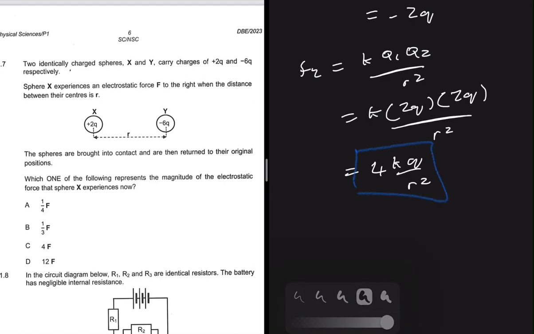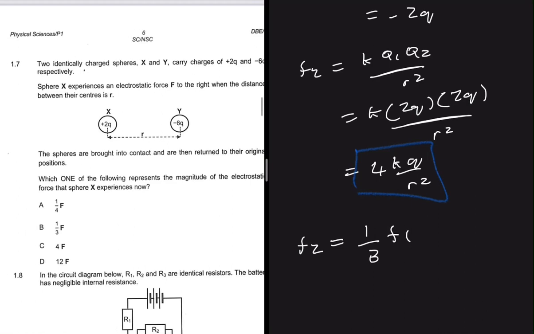Through a bit of mathematical manipulation, it should be easy to see that F2 is equal to 1 divided by 3 of F1, because 1/3 of 12kq divided by r squared gives us 4kq divided by r squared. So the answer here for 1.7 is B.